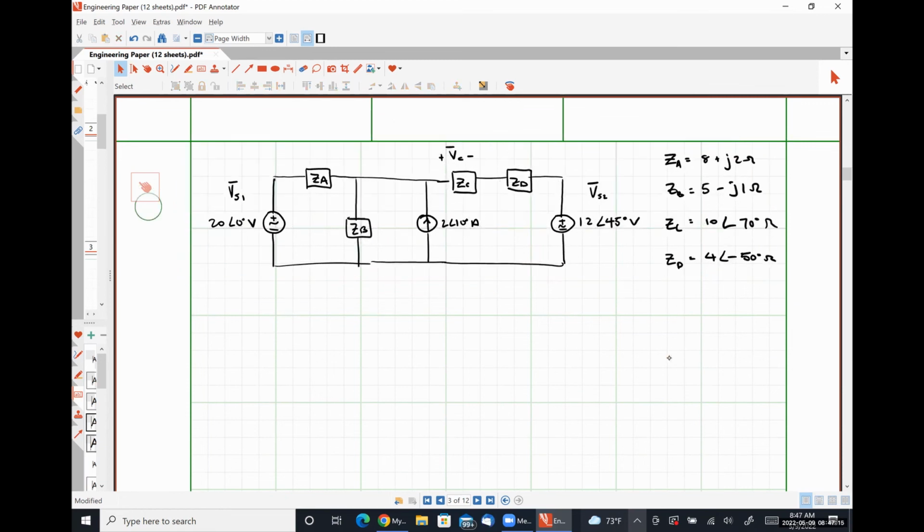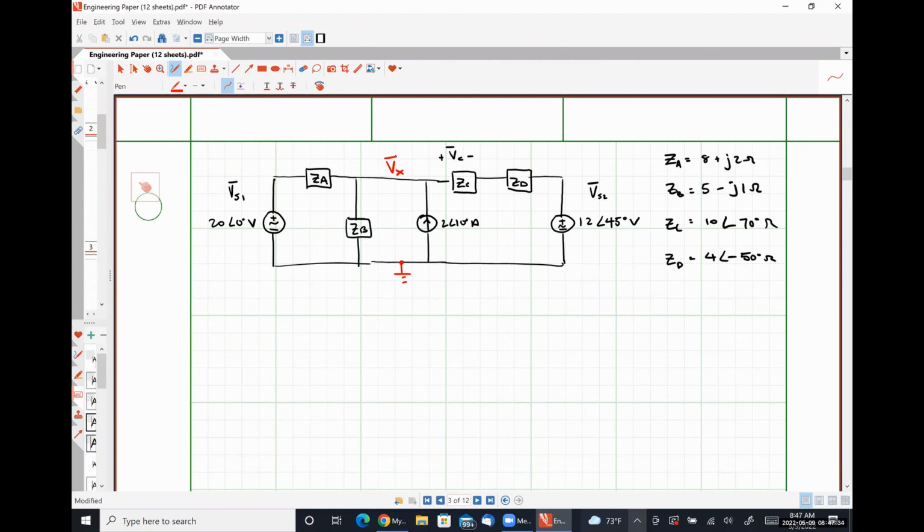with this same circuit, what we could do is say that this bottom node is our reference, and this nodal voltage up here is Vx.